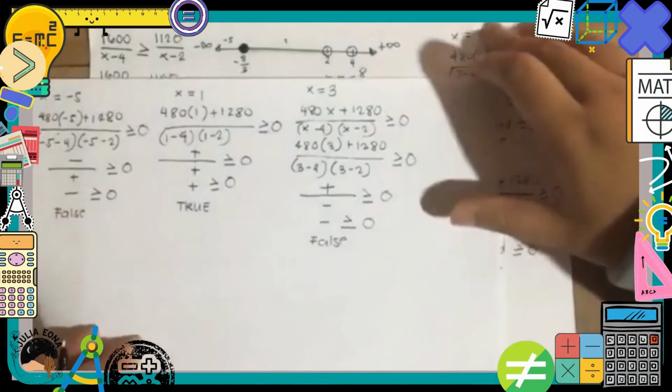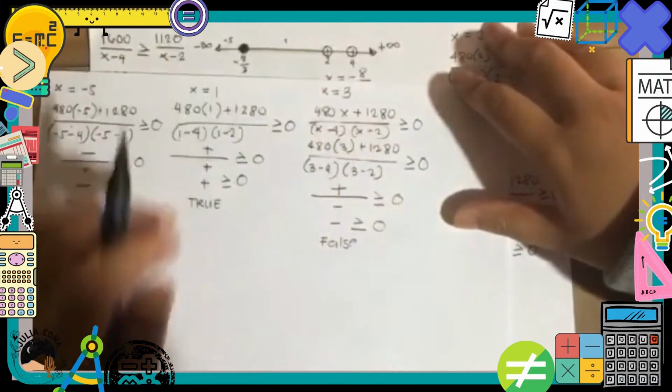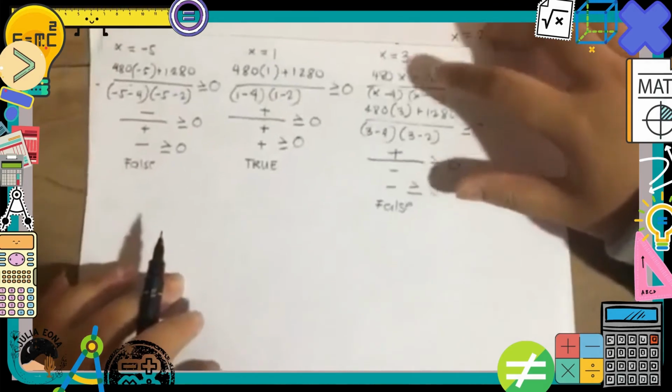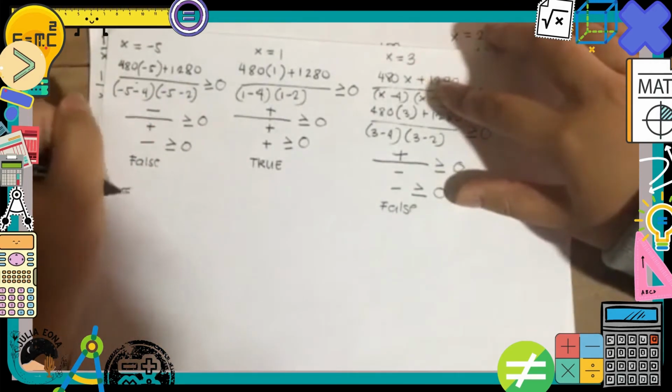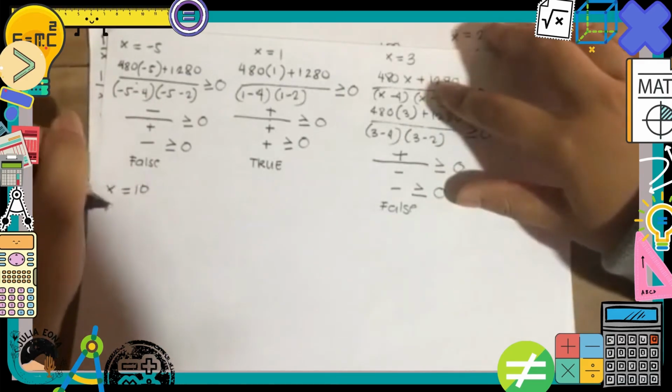Next, let's go to this range. Let's have positive 10. So x is equal to 10. We're going to substitute.